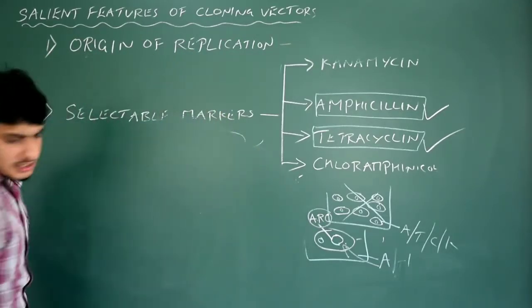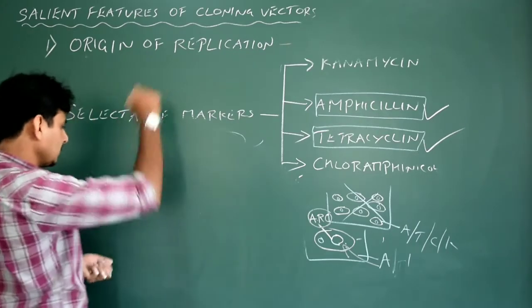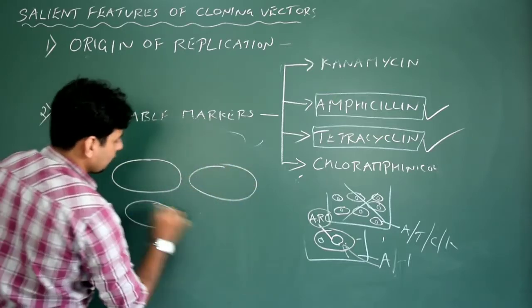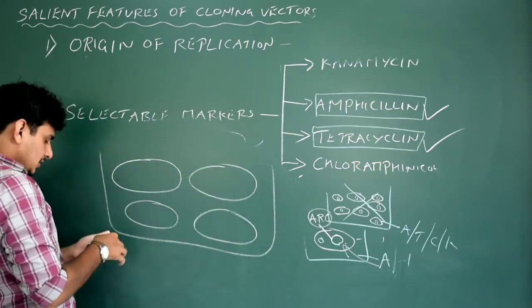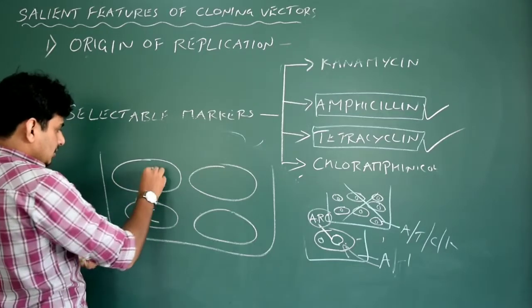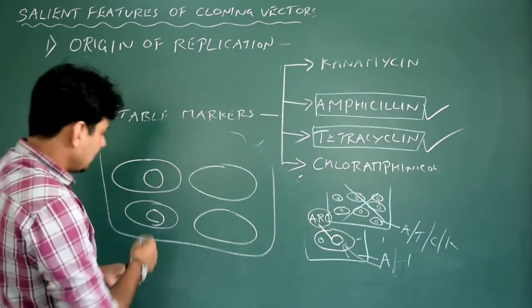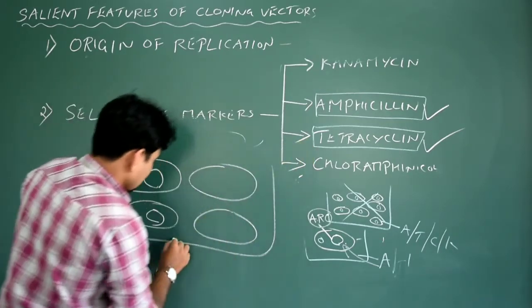There is a method called blue-white screening. I will not talk about it in this session, but in the next session. Let us assume that this is a Petri plate containing 4 E. coli, and I will not draw a plasmid now, but I will draw the rDNA. These two failed to take up the rDNA, and I am going to treat these bacteria with one particular antibiotic.